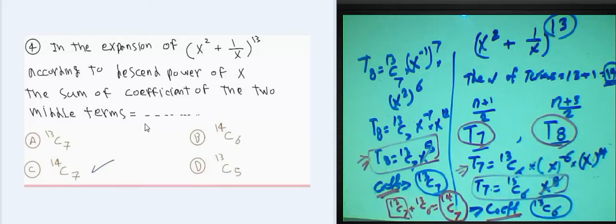Then you can write the rule, 13 combination 7 plus 13 combination 6 equals 14 combination 7. We must choose the greatest and add 1 to this number on top, and write the number below. Then the result will be 13 combination 6 plus 13 combination 7. Choose the greatest and add 1, it will be 14 combination 7, and the result will be letter C.